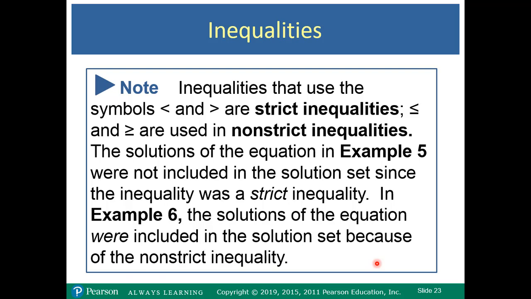In the last example, example 6, the solutions of the equation were included in the solution set because of the non-strict inequality. So in other words, if it includes the equal sign, then it's a non-strict inequality. If you don't have an equal sign, then it is a strict inequality.